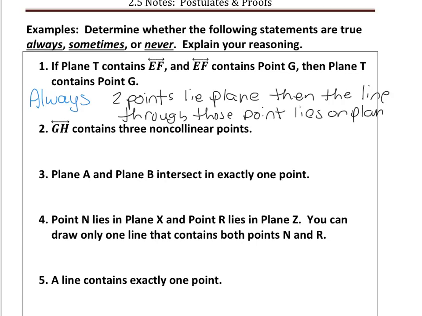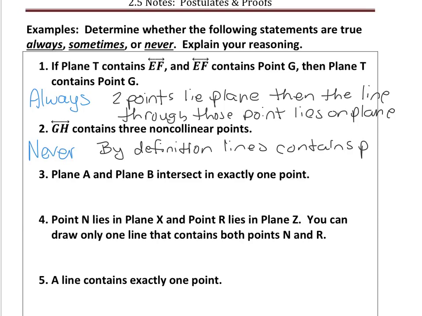Okay, number two. Line GH contains 3 non-collinear points. Well, that would be never. We know by definition that lines contain points that are collinear.